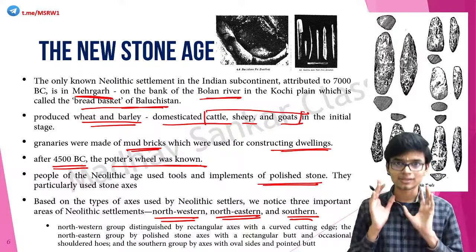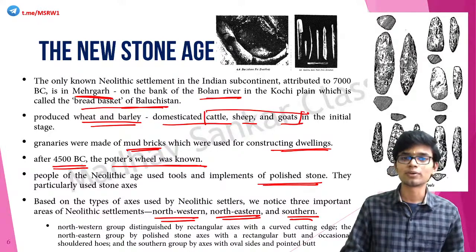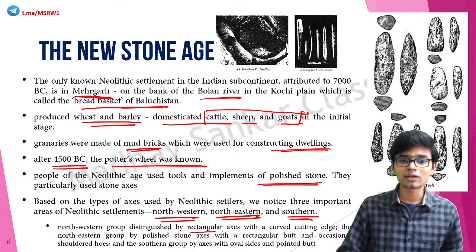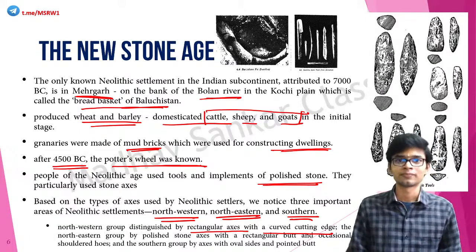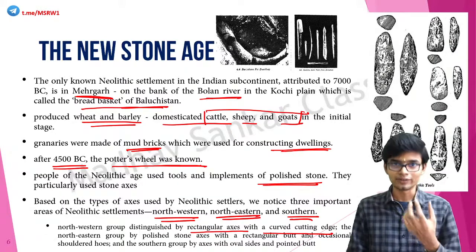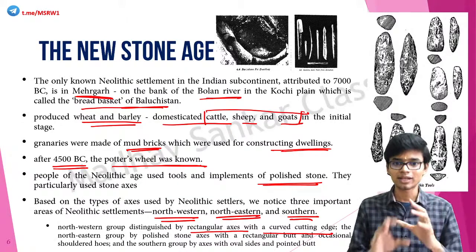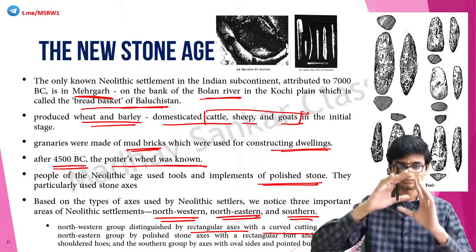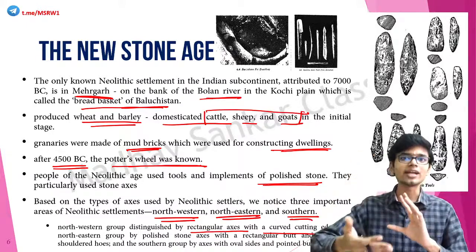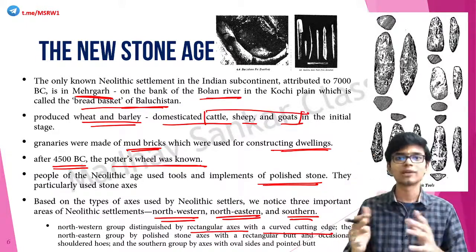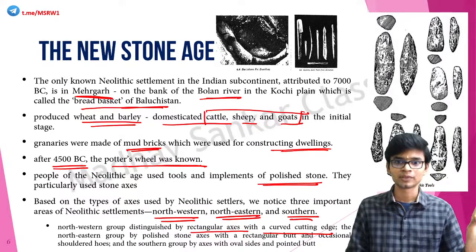Based on the type of axes, the northwestern group was distinguished by rectangular axes with a curved cutting edge. So if it is an axe that has a rectangular portion with a curved cutting edge, then usually it belongs to the northwestern type.